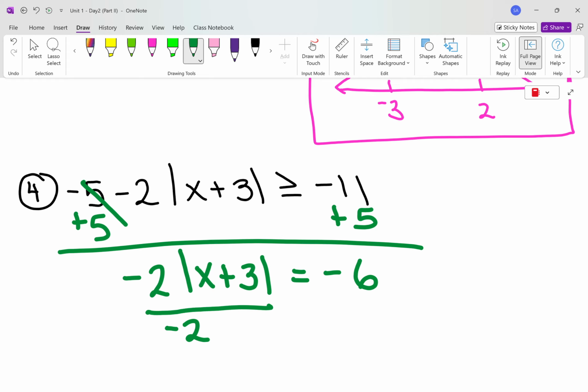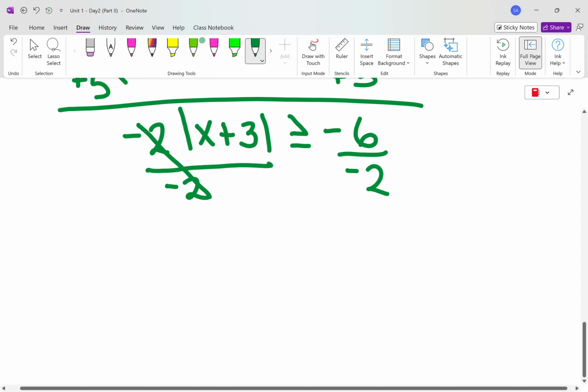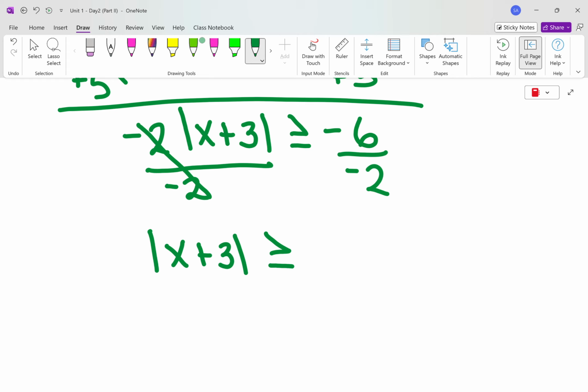So to undo the multiplication, we're going to divide by -2. Oops, sorry, this is greater than or equal to. And when we divide by a negative number, what ends up happening? The sign switches. So now we have the absolute value of x plus 3 is greater than or equal to positive 3.